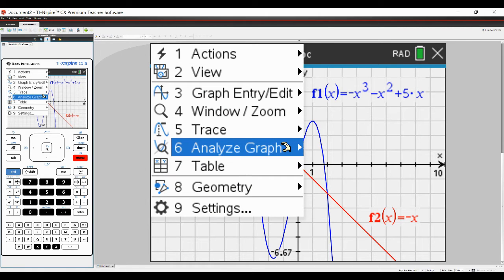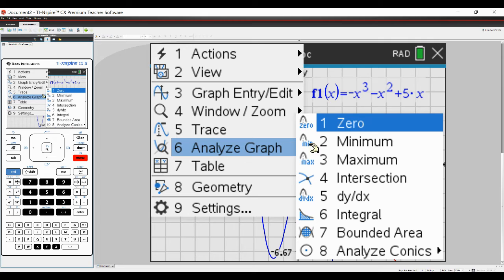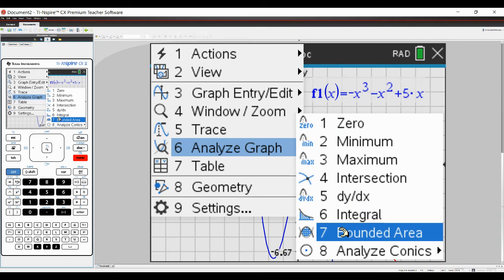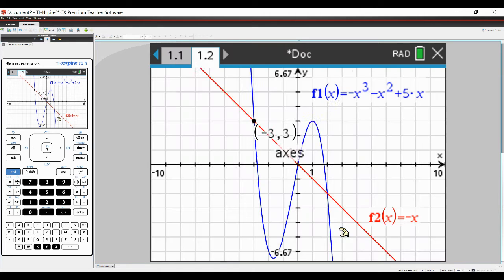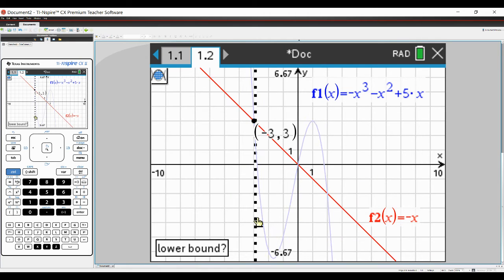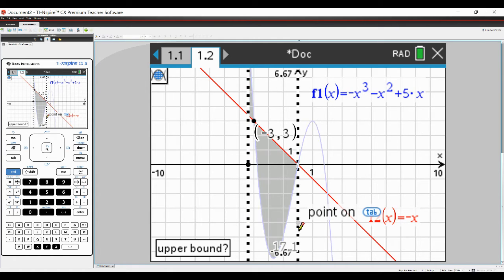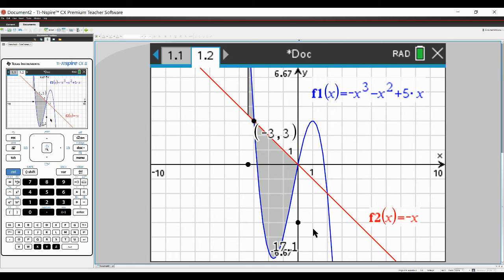And then I really want to play with, I want to try this. So just bear with me. Oh my goodness, watch this. And it gave us our area. Look, there's our answer right there, 17.1, except that includes more than what we wanted it to.